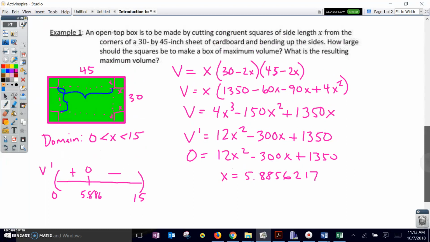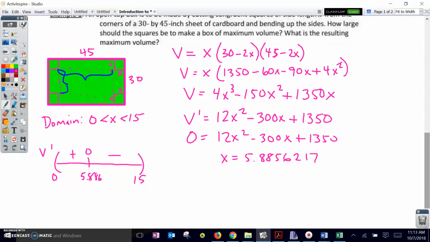And so now we need to answer our question. The squares should be 5.886 inches by 5.886 inches. And the resulting maximum volume, let me just say max volume instead of putting v equals.